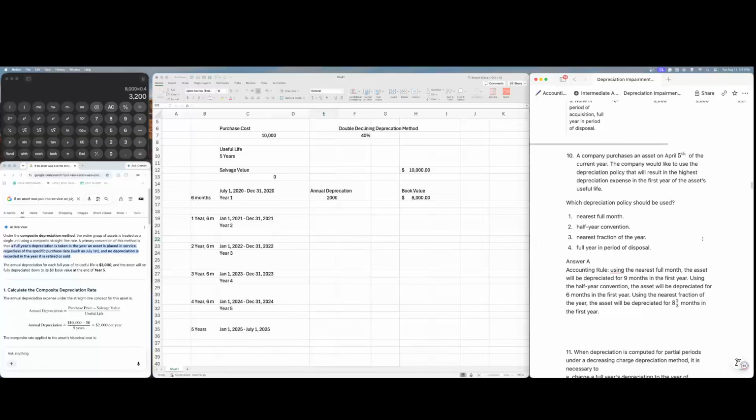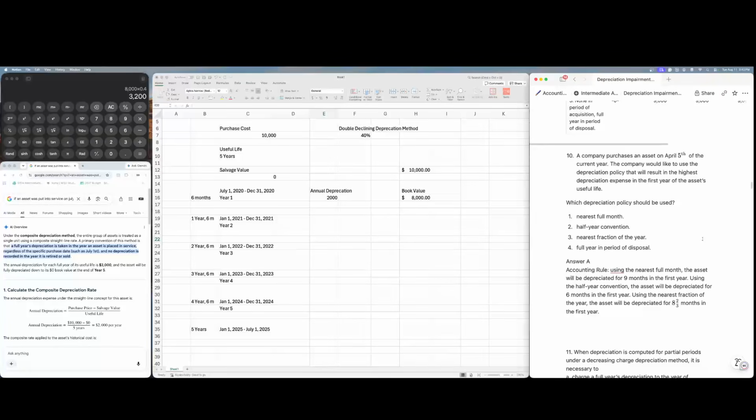Or the nearest fraction of that year. It really depends on how exact you want this depreciation to be. At July 15th, well, that's a little far out, honestly. You would probably see it more like June 15th.